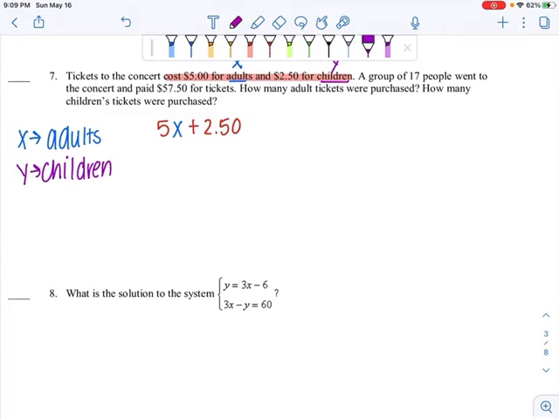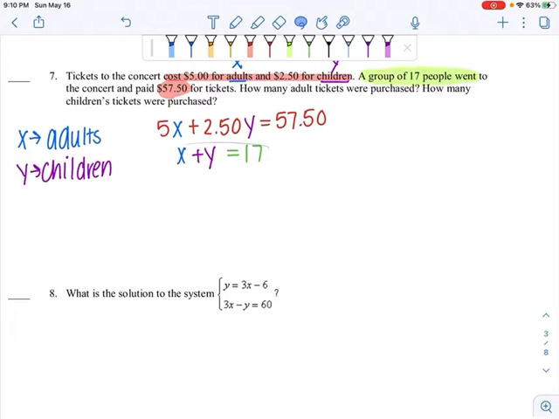And then they purchased them for a total of $57.50, so we can set that equal to $57.50. The second part of this that's super important is there was a group of 17 that went to the concert. If we're trying to figure out how many adult tickets and how many children's tickets were purchased with a group of 17 people, we can set that up as X plus Y for adults plus children, and that's going to equal 17 for 17 total people.